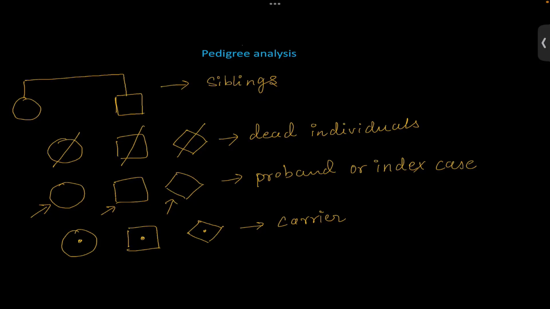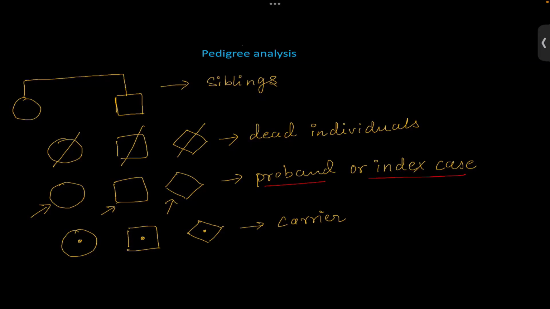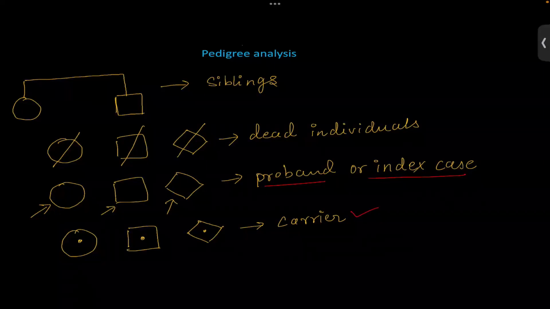The person who is being interviewed is called the proband, or the index case, and we show it by using an arrow. During the inheritance of a particular trait, a person can be a carrier of that trait, or a heterozygote for that trait. To show that, we use a small dot. This is a carrier for that particular trait or disease. So these are the symbols.